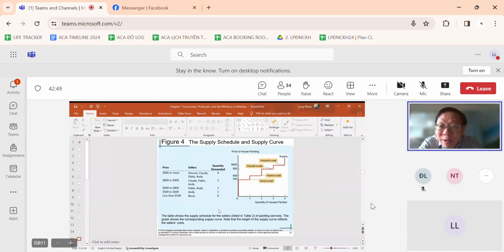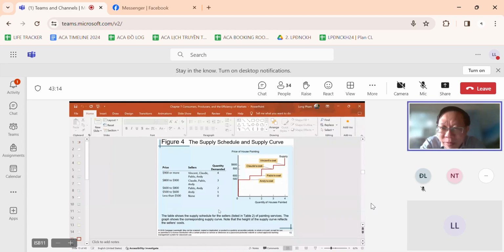There are 4 sellers, for example. And for example, if the market price is less than 500, can anyone among them, Andy, Pablo, Chloe, or Vincent, try the market?